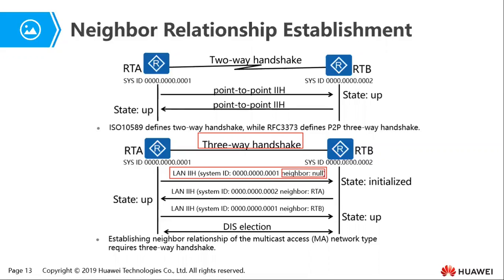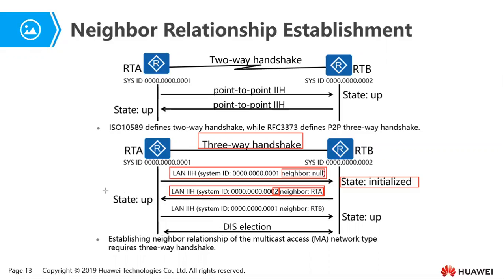So when RTB receives this initial hello packet, its state is going to change from down to initialized. Almost at the same time, or after it receives it, it's going to reply with its own LAN IIH with its own system ID, so 2, and on the neighbor list, it's going to indicate that RTA is my neighbor.